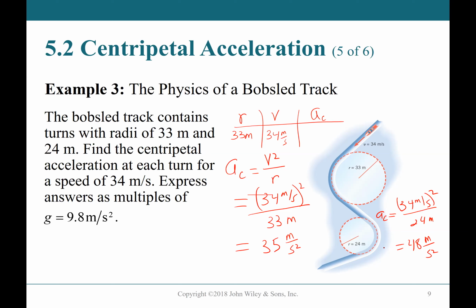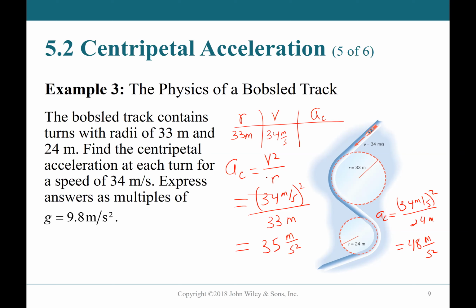In other words, the same object has to accelerate at a higher rate because of the smaller radius. That's what you see here in this problem. So that gives you a good understanding as to what is happening. Even though I have constant speed, the acceleration varies depending on the radius.